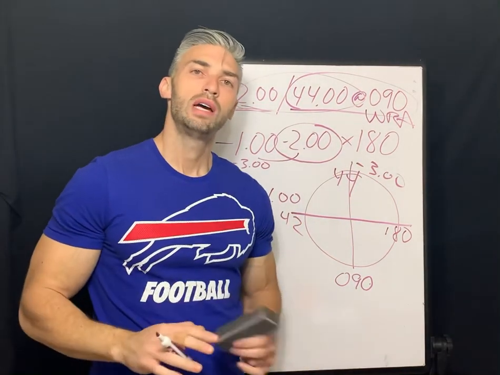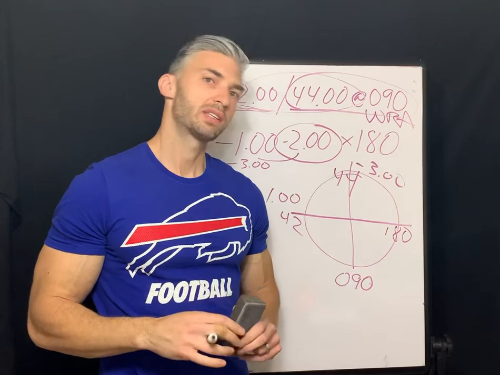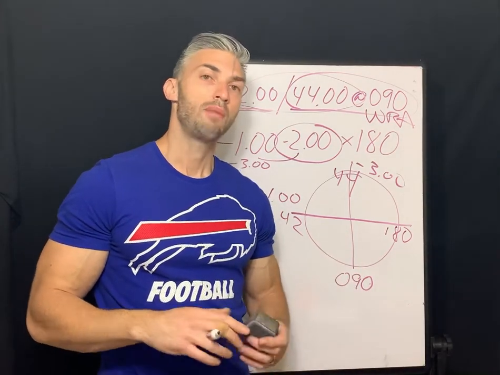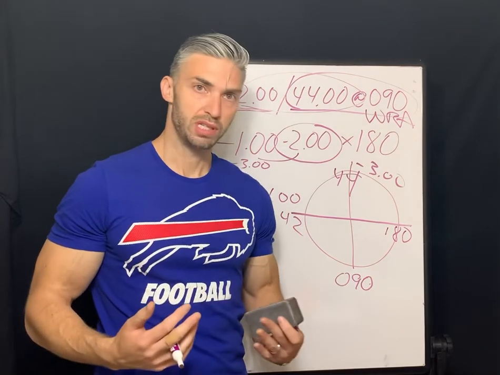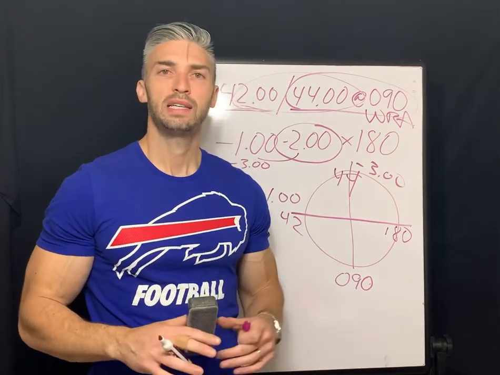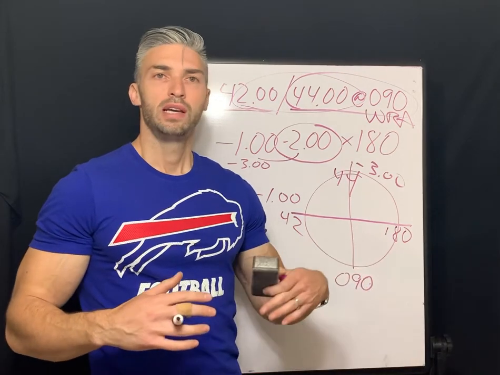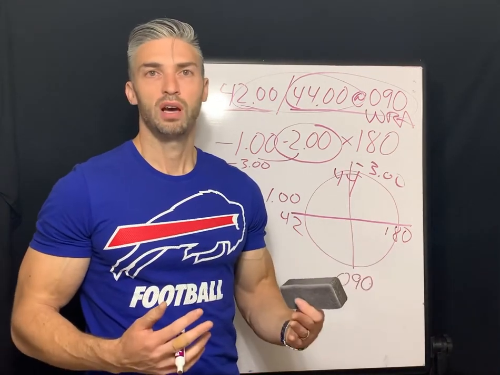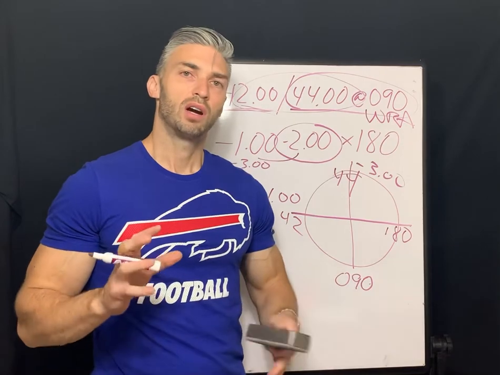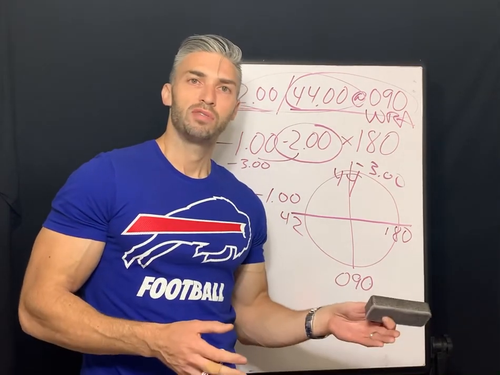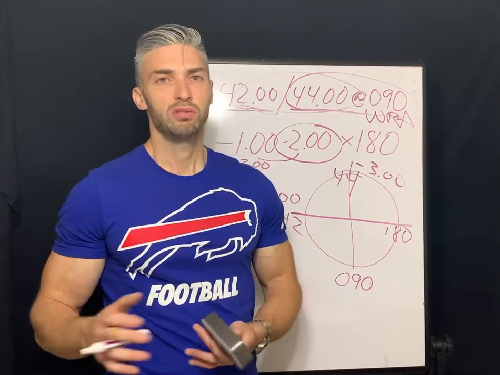So we know that a spherical gas permeable lens can correct up to 3 diopters of with the rule astigmatism, up to 2 diopters of against the rule astigmatism. You may see that it says a spherical gas permeable lens can correct up to 2.5 diopters of astigmatism. That's a rough estimate, but in general it's going to be up to 3 diopters of with the rule, 2 diopters of against the rule.